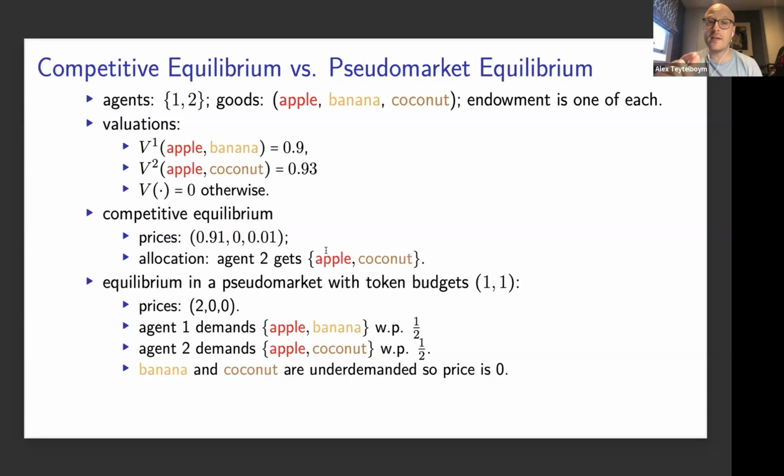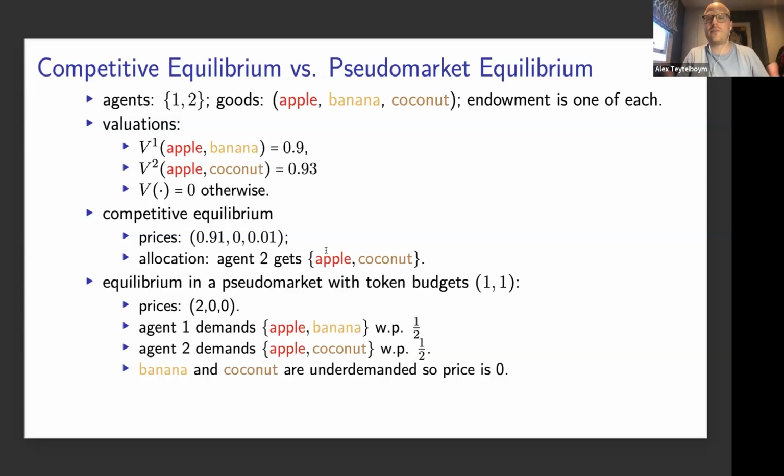What really mattered was that the apple and banana were demanded together, because that's what gave the agent any positive utility. So this is going to matter later on. It's really the structure of preferences that is going to play a key role, not the exact valuation. What's going to matter, as Ravi pointed out, is going to be the domain. What is this domain going to look like? So here now, we have two agents that regard goods as complements.